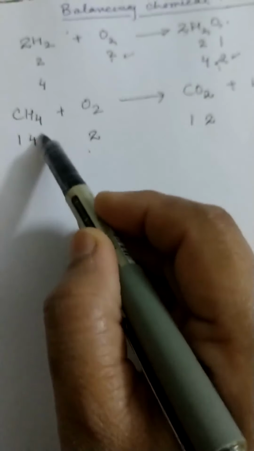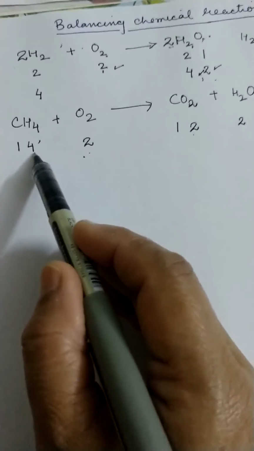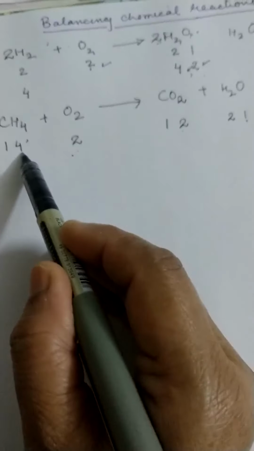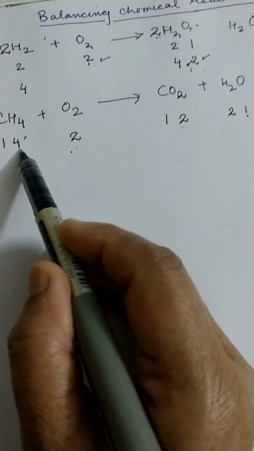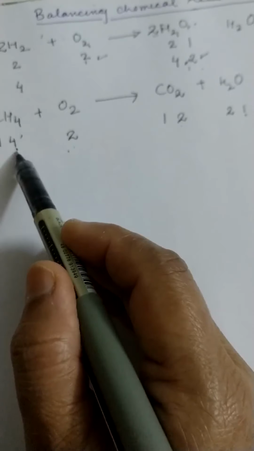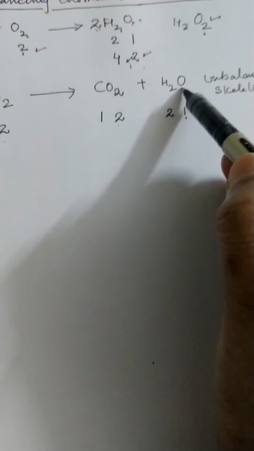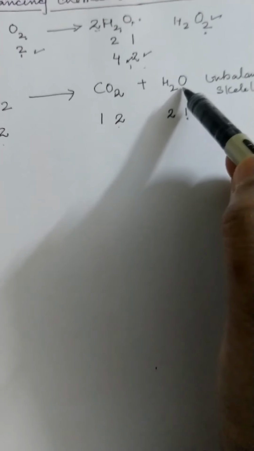I can start from hydrogen. Shall I start from hydrogen? Because hydrogen here has the maximum number of atoms, 4. So I'll begin from hydrogen. To make hydrogen 4 on this side, what will I do? I will write a coefficient here.